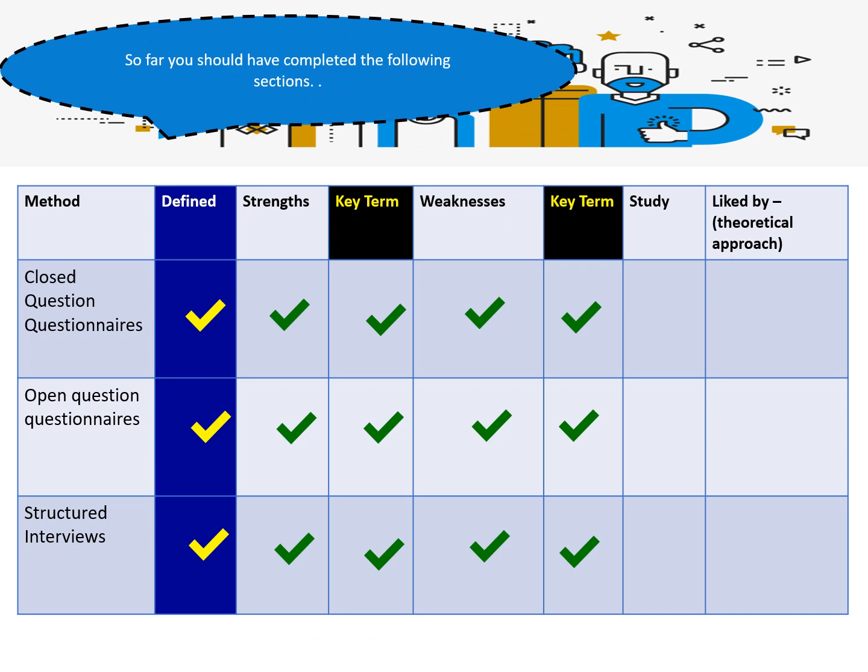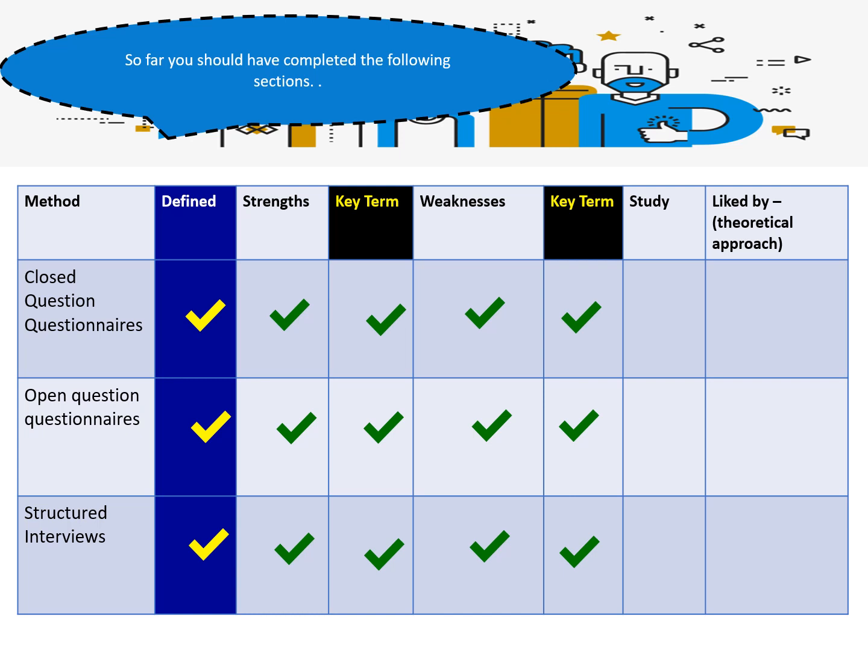Okay, so your notes so far should look like this. You should have gone through and defined all the methods. You should have 2 strengths for each method, linking to key terms, and 2 weaknesses for each method, linking to the key terms. We haven't done studies yet, so that would be something that we do next week.